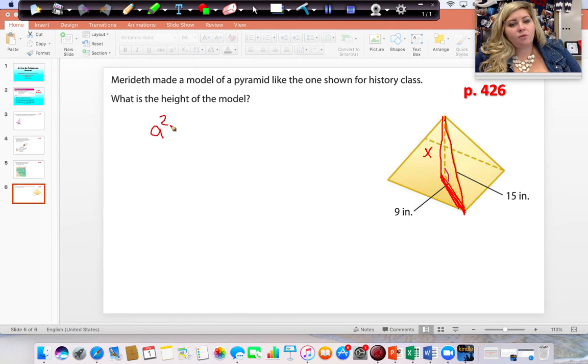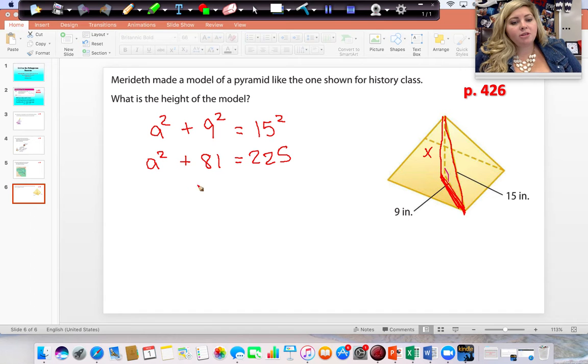So A squared plus B squared, our B is 9, so 9 squared, equals C squared, which is 15, so 15 squared. So A squared plus 9 times 9 is 81, equals 15 times 15, which is 225. To go about solving this, we need to subtract 81 from both sides first.